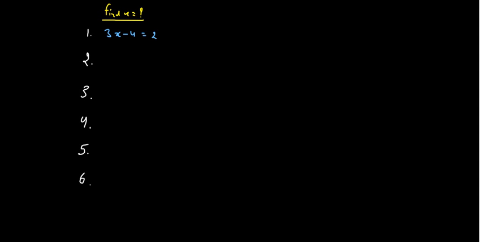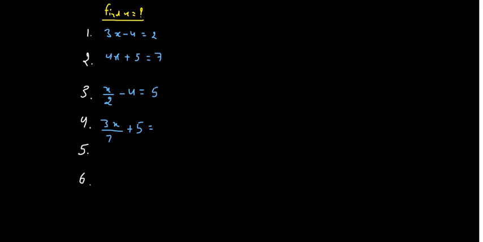4x plus 5 is equal to 7. This is x, okay? X divided by 2 minus 4 is equal to 5. 3x divided by, let's say, 7 plus 5 is equal to 2x.